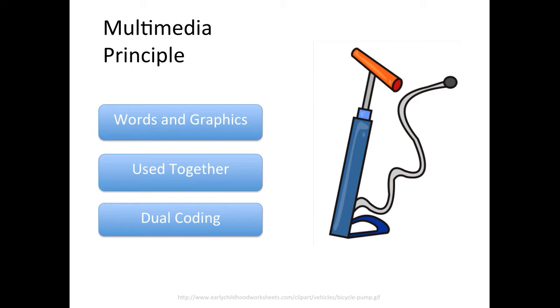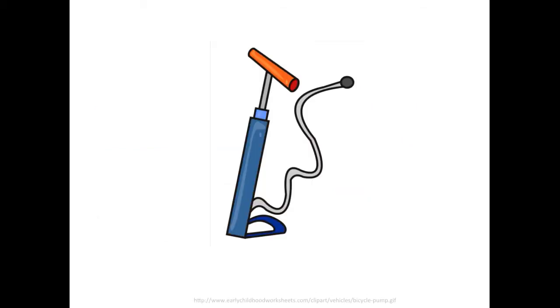Let's look at an example of the bicycle pump. So this is the picture of the bicycle pump, and I want to explain each one of the component parts. So I would add labels or arrows to the components. The handle is used to push in and draw out. The footrest stabilizes the pump action.